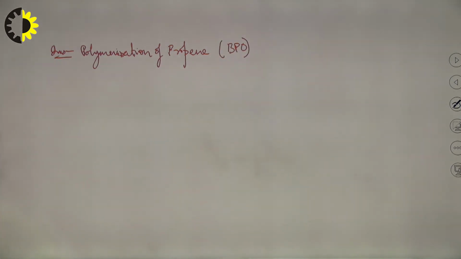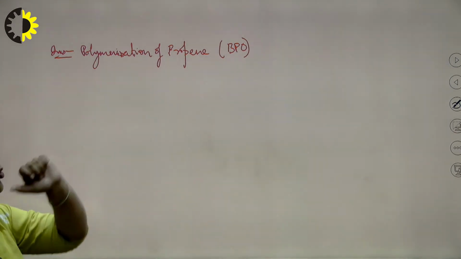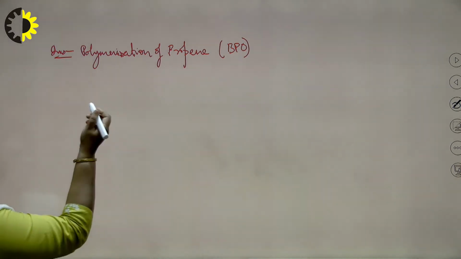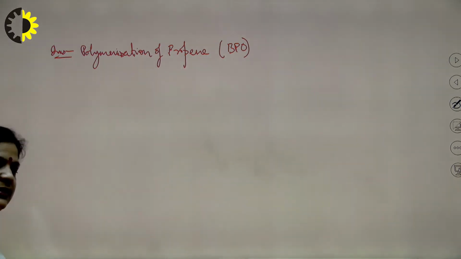Okay. So it is clear that our monomer is propene. In benzoyl peroxide, C6H5 radical gets formed, and suppose I write this C6H5 radical as R radical or X radical.